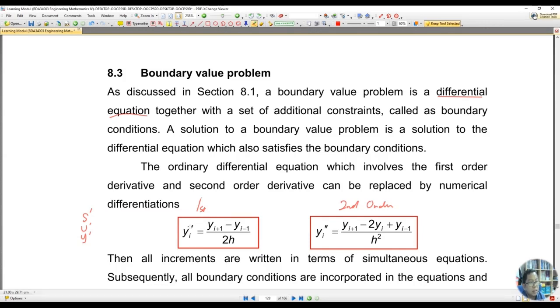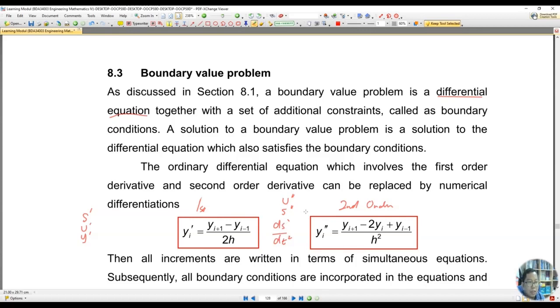So you have to replace the symbol y prime with y i plus 1 minus y i minus 1, over 2h. Okay, class. Same goes to second order, which is y double prime, or maybe in the question they're asking about u double prime, s double prime, or d²s over dt², something like this.